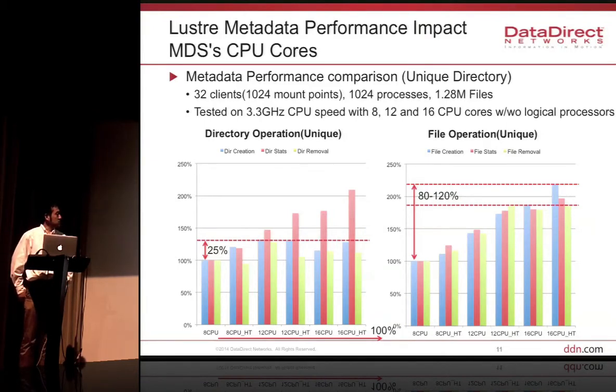The file operation, however, scales linearly with the number of CPU cores. We see more than 80 to 120% performance improvement when going from 8 up to 16 cores. So file creation is much impacted by the number of CPU cores.